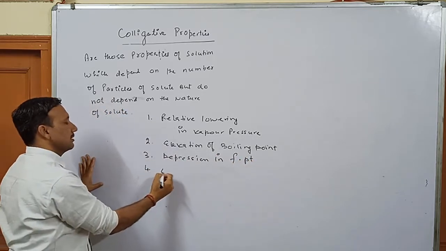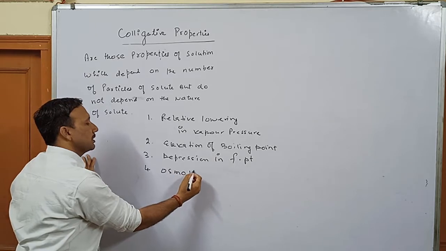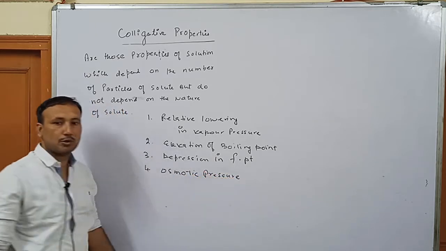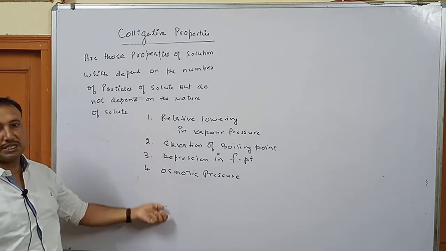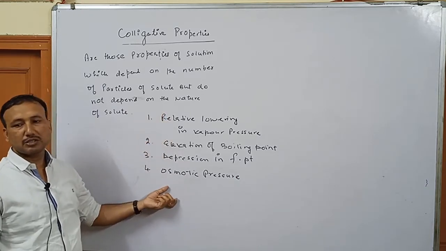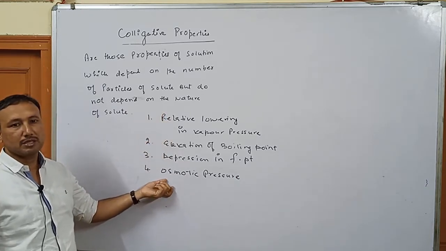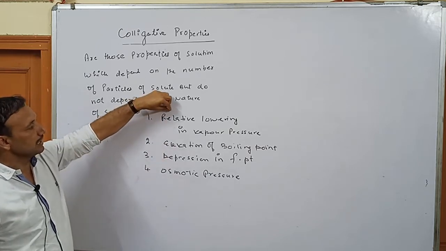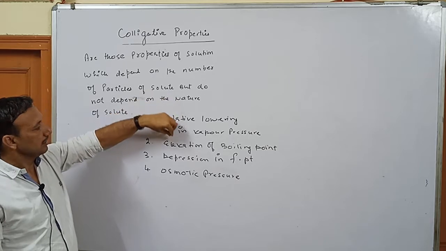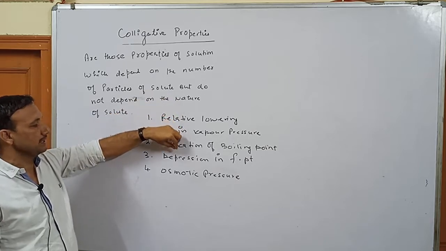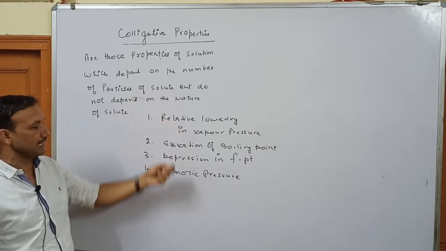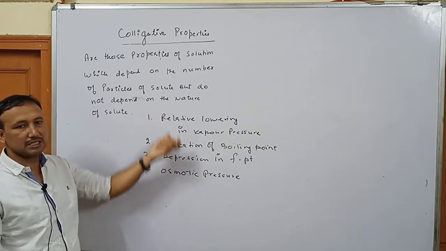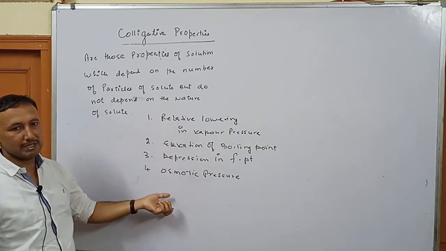And fourth is osmotic pressure. These are the four colligative properties which depend on the number of particles of solute but do not depend on the nature of solute particles in solution. Let us discuss all these colligative properties one by one.